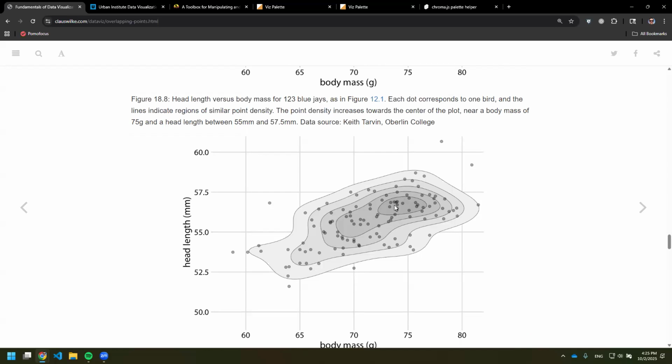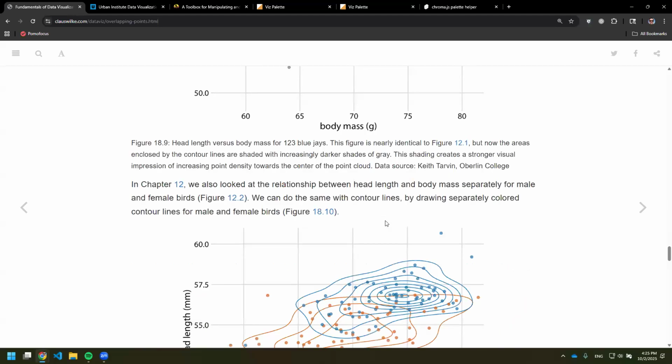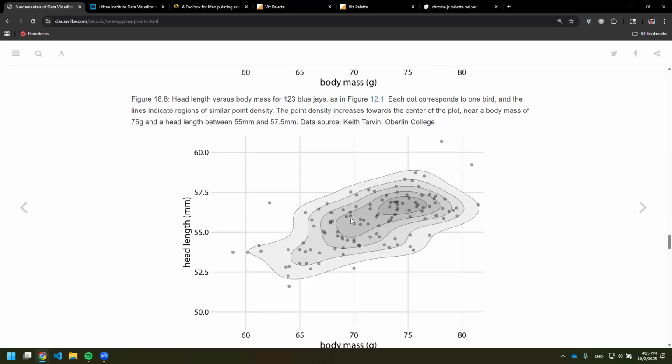So here I can see that the biggest mass of points is here, next biggest is here, and then going out from that point, I can see there are fewer and fewer points within these contour lines. So this is one case where maybe we would have a bunch of points. We just want to see where do most of the points fall.